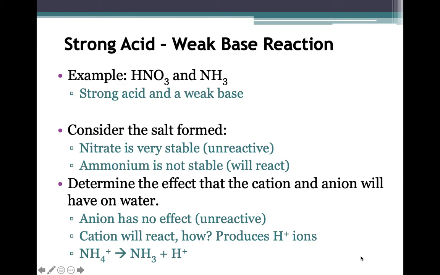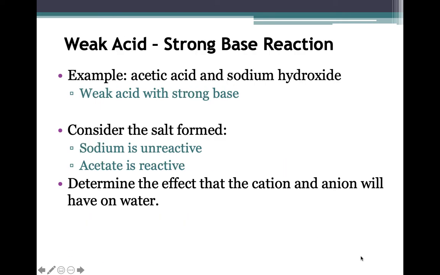And so what would this have on the pH? Well, if I'm creating hydrogen ions, I'm going to have a pH less than 7, which means it would be acidic. So when I have a strong acid with a weak base, the salt will create a slightly acidic solution. What if we have a weak acid with a strong base?